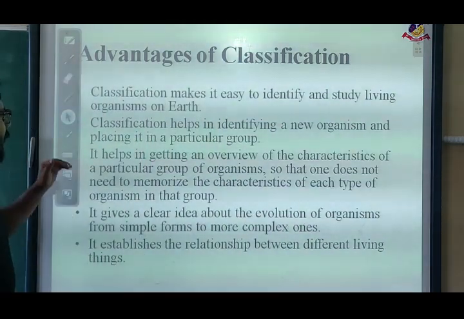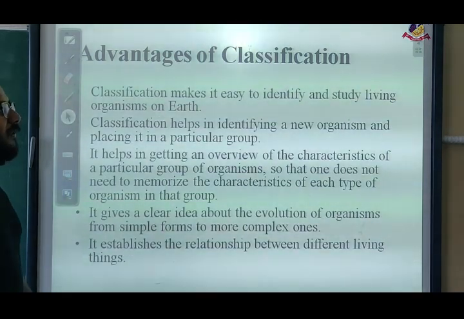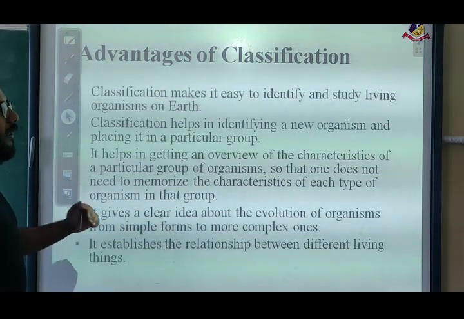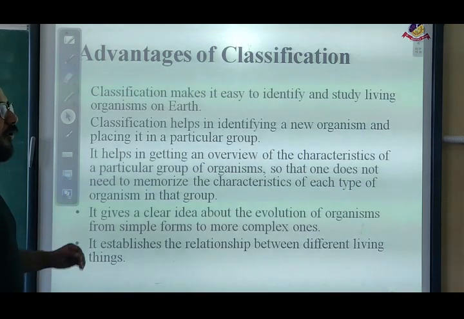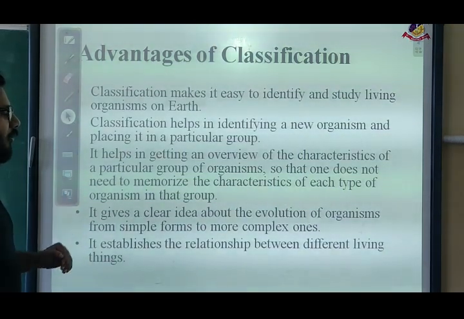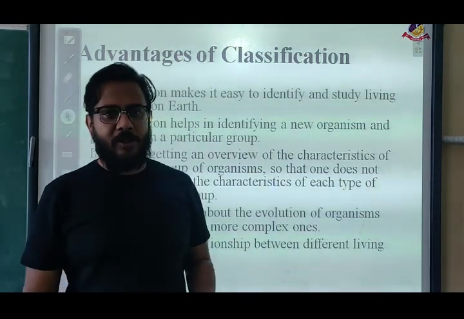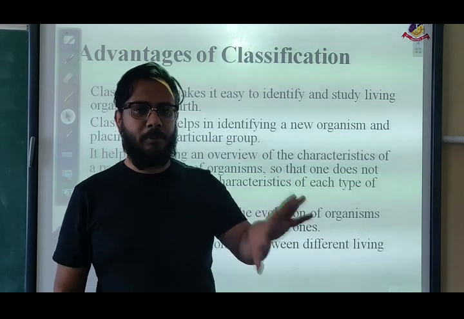Now, the third point: it helps in getting an overview of the characteristics of a particular group of organisms so that one does not need to memorize the characteristics of each type of organism in that group. What he's trying to say is, like I discussed before, we know birds.